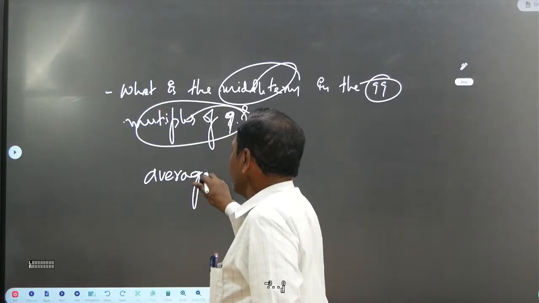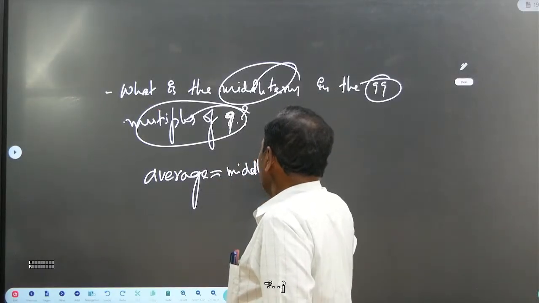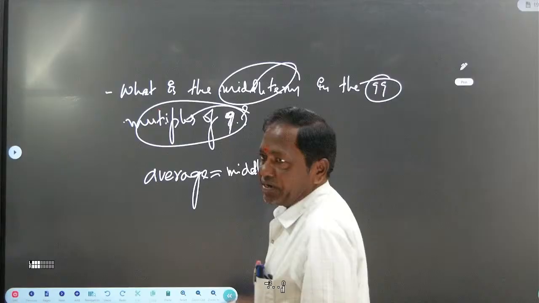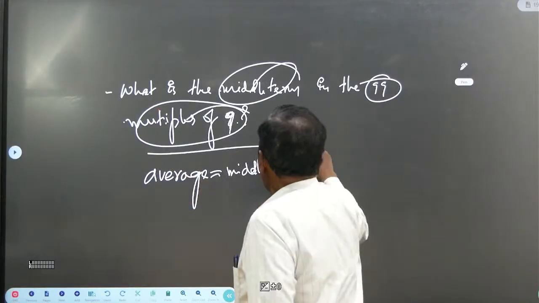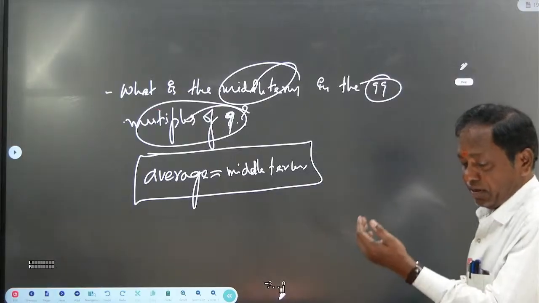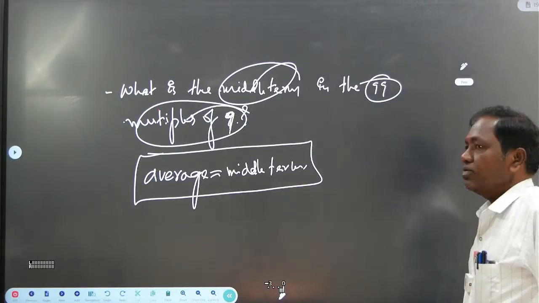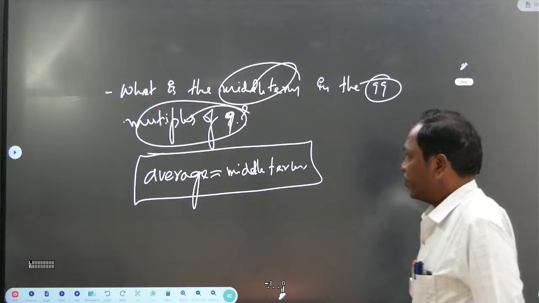Average is equal to middle term. Average is equal to middle term. 455.